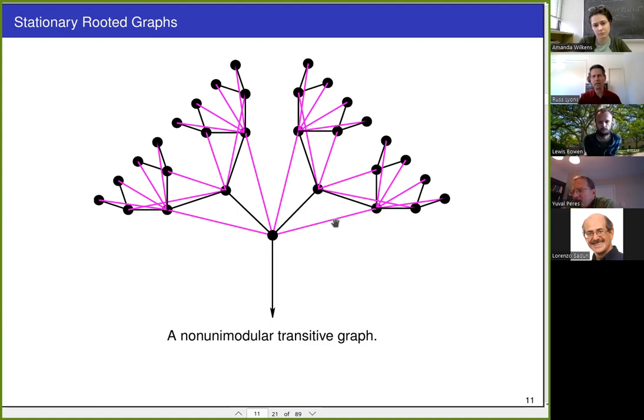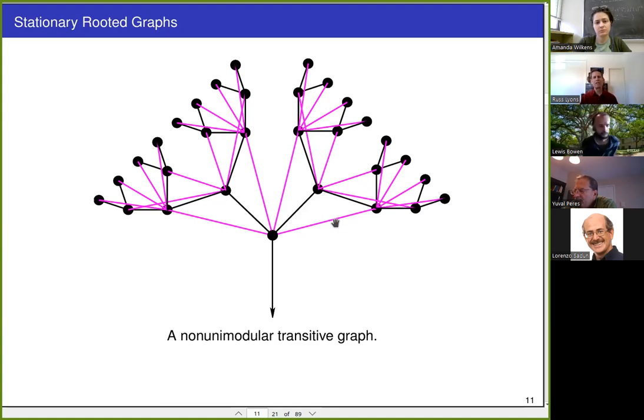It'll be a degree 8 graph now. It's not obvious, but it doesn't take too long to convince yourself that this new graph is actually transitive. For any pair of vertices, there will be an automorphism of the graph that takes one to the other.